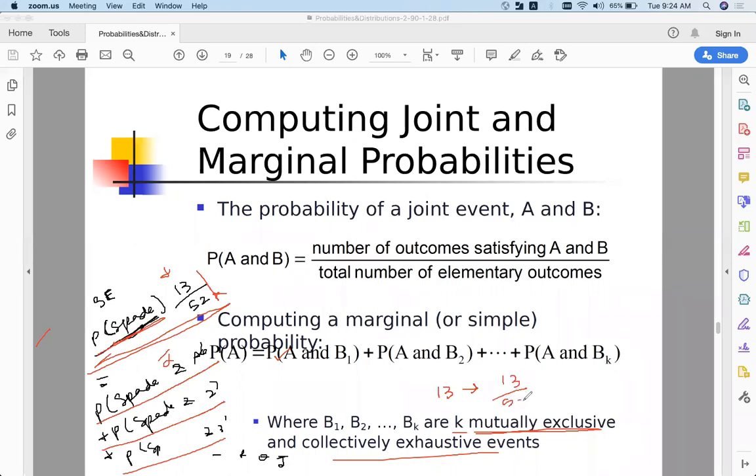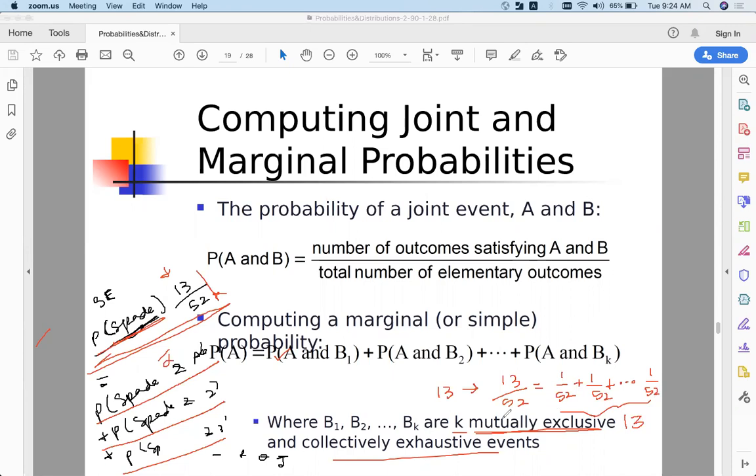On the right hand side, the probabilities you have are 1 by 52 plus 1 by 52, and so on, 13 times. So dot dot dot, 1 by 52, 13 times.